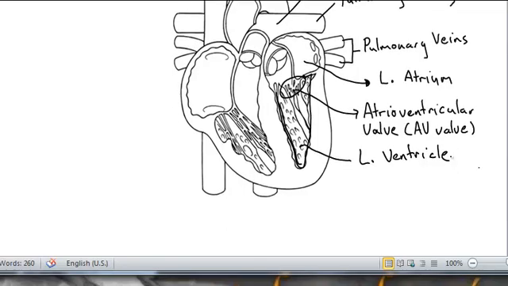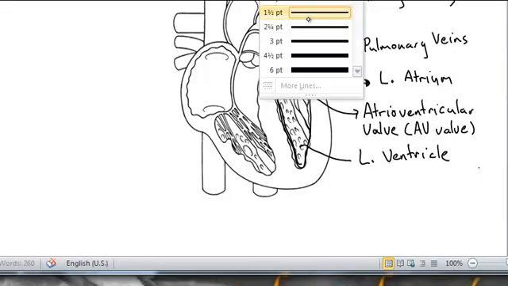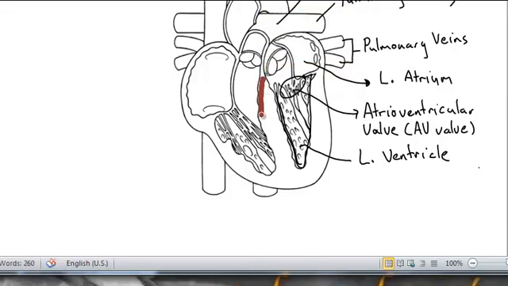And the blood from the left and the right of the heart is separated due to this tissue here. It divides the left and the right. Blood cannot travel directly from left to right.